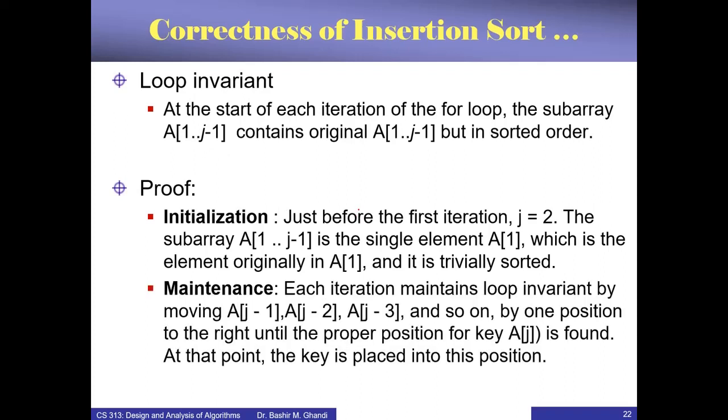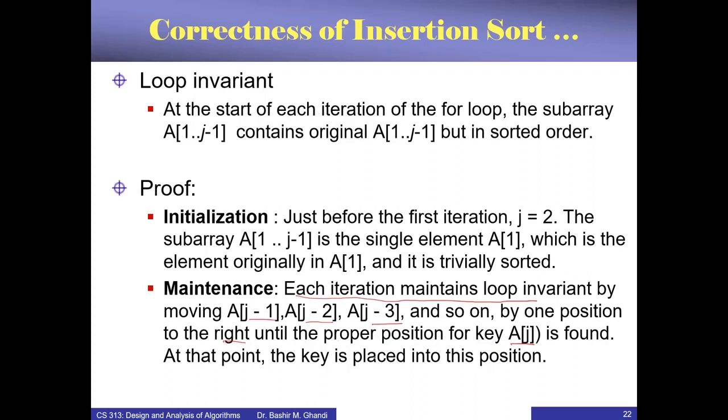Okay. Now, for the maintenance, we notice that the loop in each iteration is only shifting the elements to the right until we find the correct place to put the a at j. So each iteration maintains the loop invariant by moving a at j minus 1, a at j minus 2, a at j minus 3, and so on by one position to the right until the proper position for the key a at j is found.